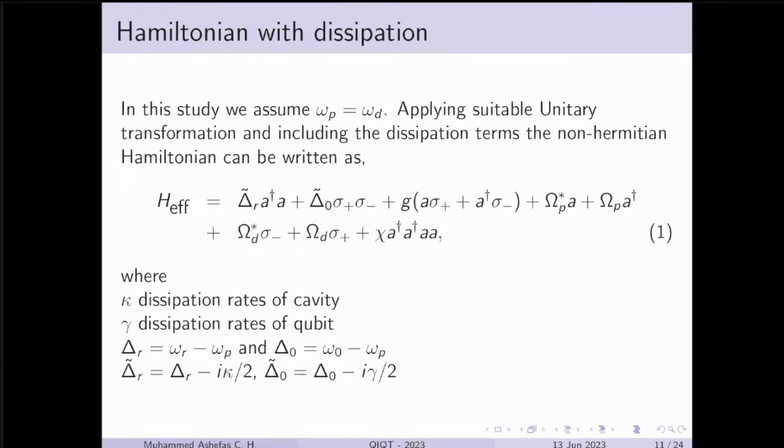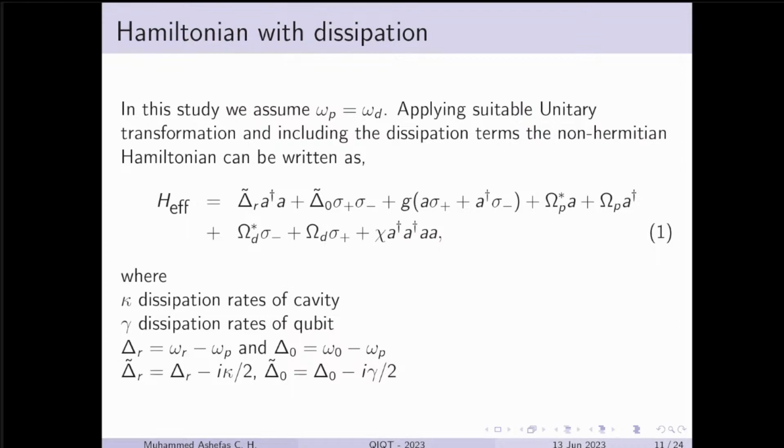While writing this Hamiltonian, I have assumed that omega p and omega d are the same. That is, the driving frequencies of both laser fields are the same, but their strengths may be different. And we have some delta r tilde and delta 0 tilde here. Both delta r tilde and delta 0 tilde are complex, where delta r tilde is delta r minus i kappa by 2, where kappa is the dissipation rate of the cavity.